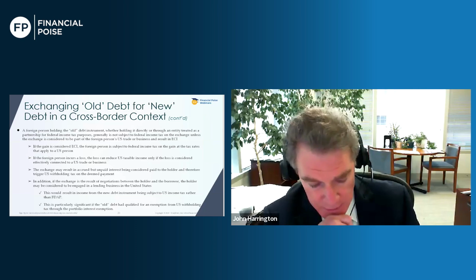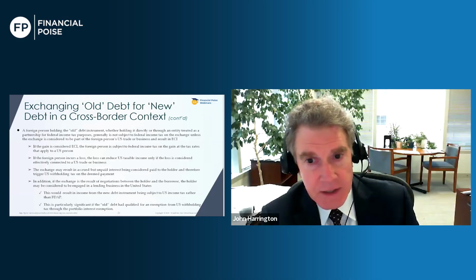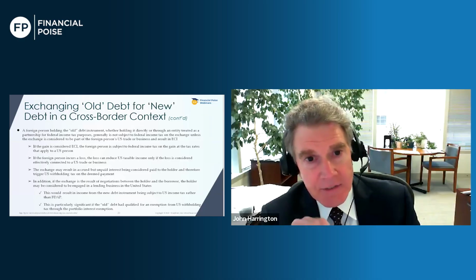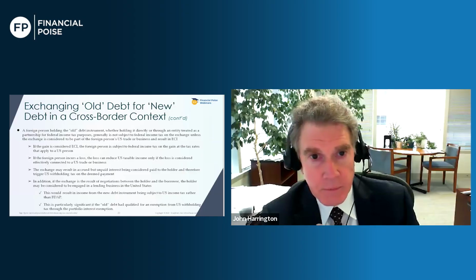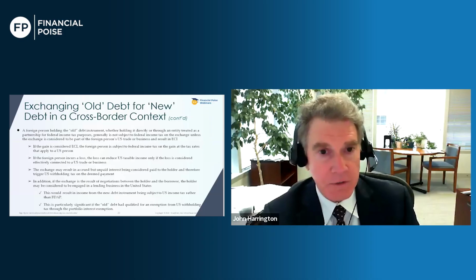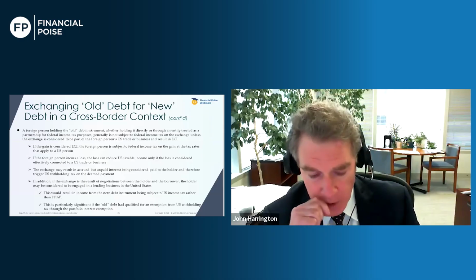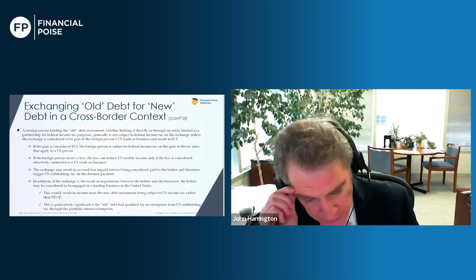The exception is if this debt instrument, this loan, is part of the conduct of a trade or business by the foreign creditor in the United States, if it creates something called effectively connected income, or ECI, which Stephanie talked about in the taxation of U.S. entities.